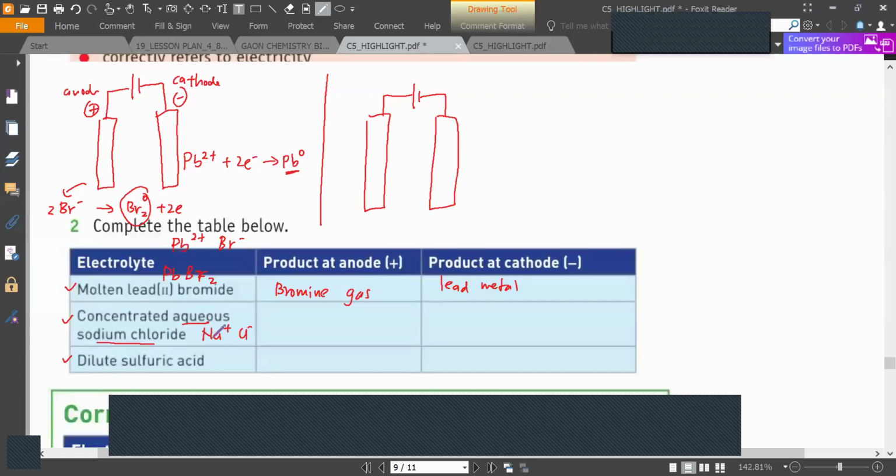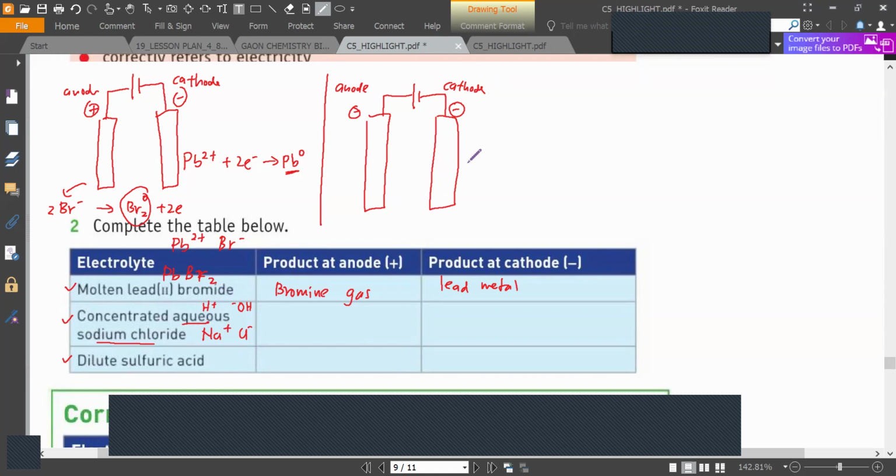So it means we have another two ions which are coming from water: hydrogen ion and hydroxide. So if you know how to analyze, then it will be very clear what is the product.